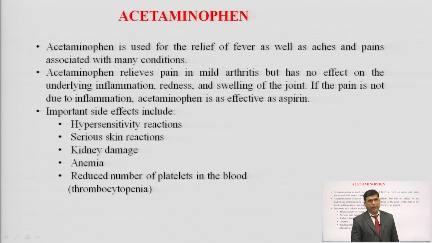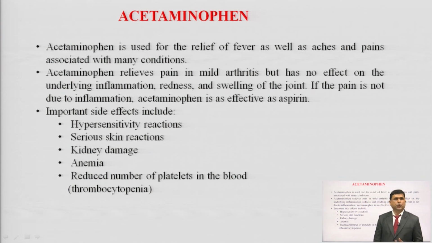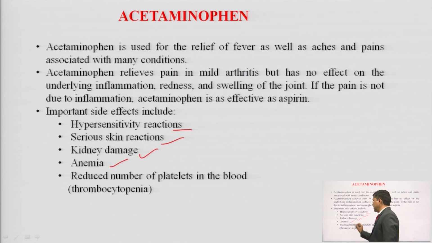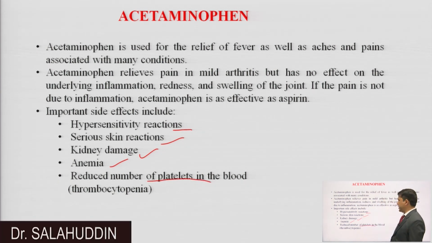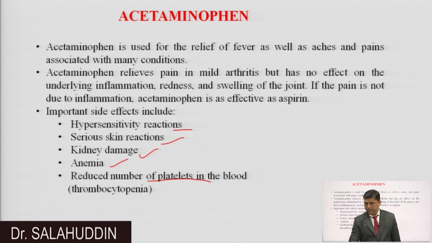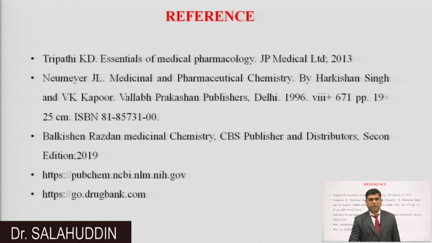Acetaminophen is also used in arthritis, and the important side effects include hypersensitivity reactions, serious skin reactions, kidney damage, anemia and reduced number of platelets in the blood. These are some references.